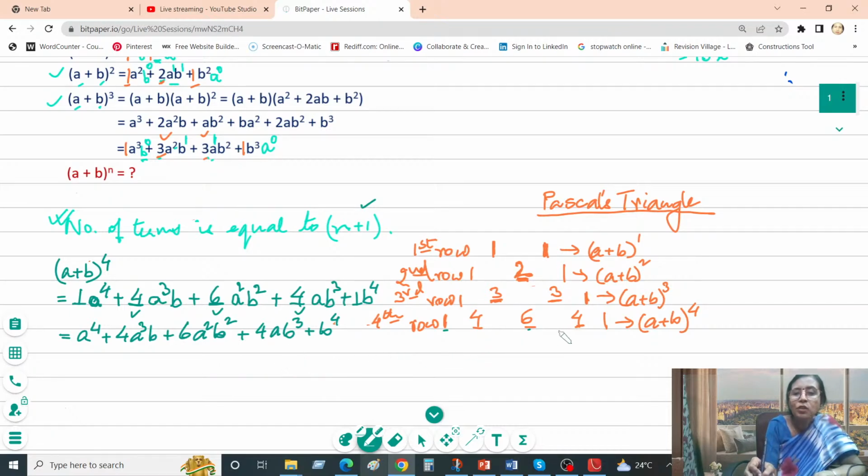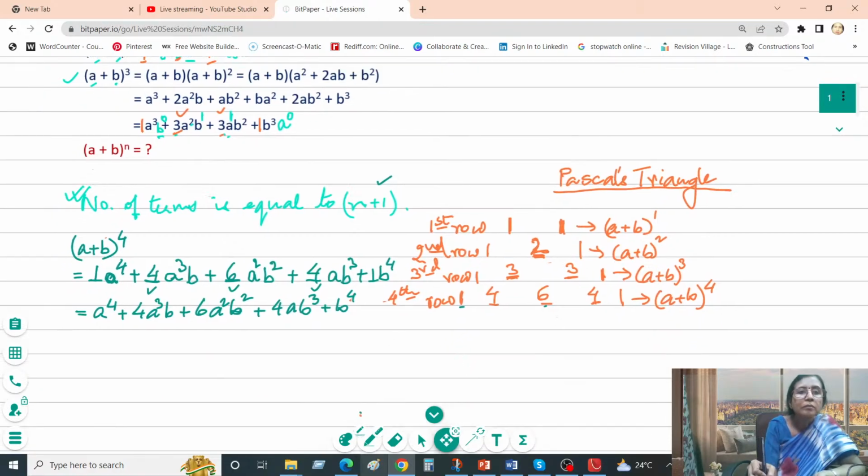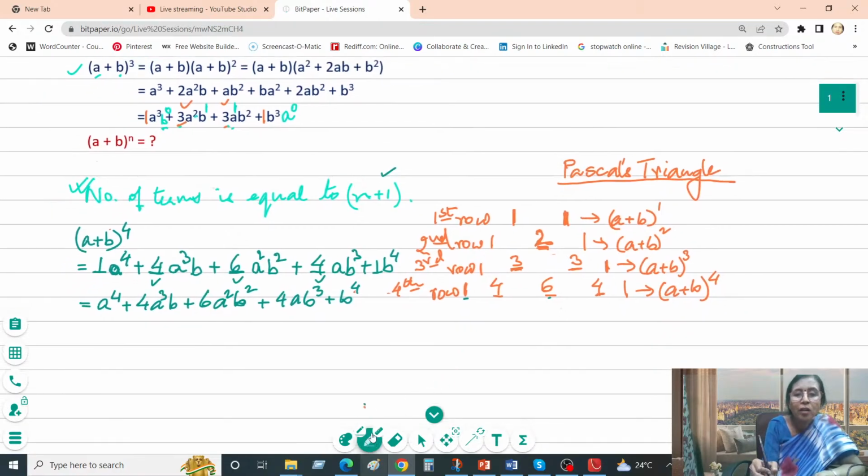We have got the values 4, 6, 4 and I have just copied and written them over here. But why should I be trusting? I know multiplication, so let me multiply and see what we get exactly. Do I get the same expression or not?